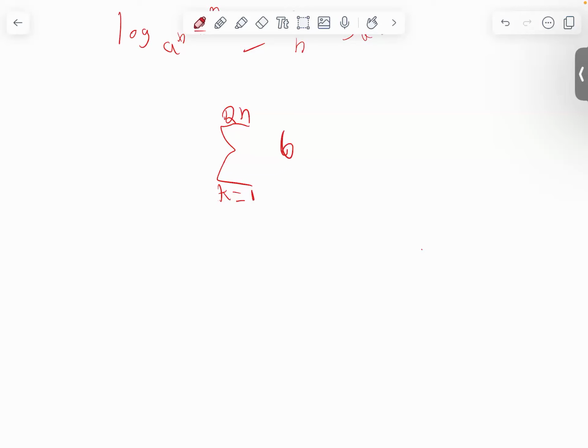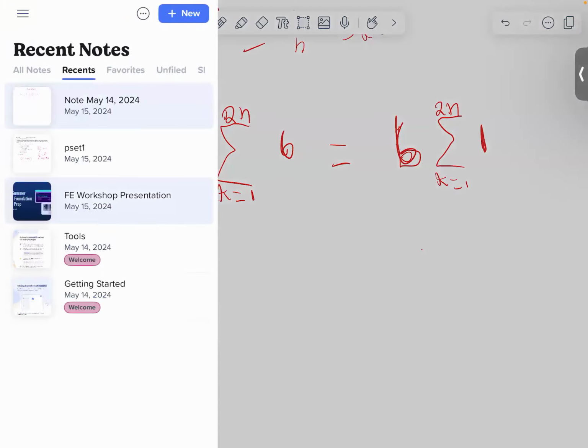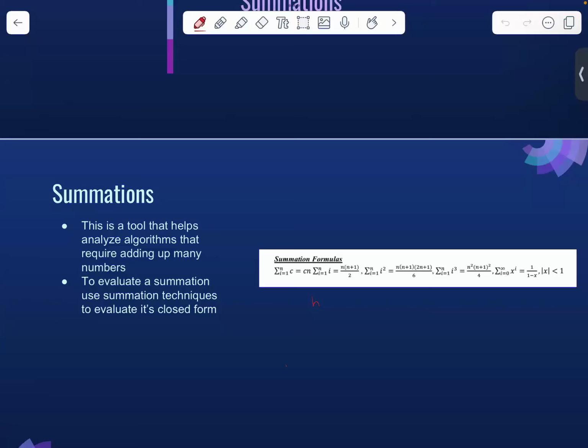So what we did was, since b is a constant, we moved the b to the outside of the summation, and we had the 1 on the inside. And then from here, this is just a closed form. It's this specific closed form where you just have the constant, right?